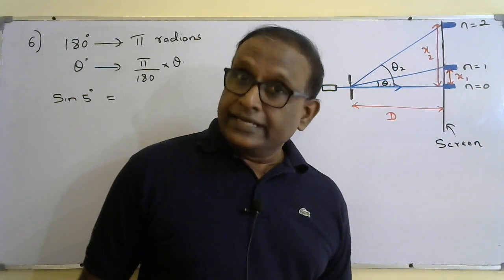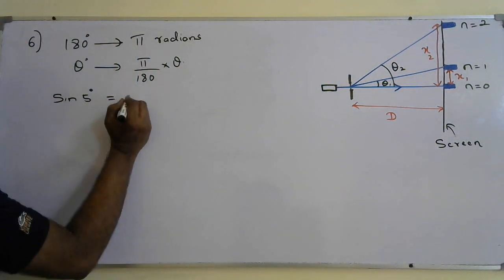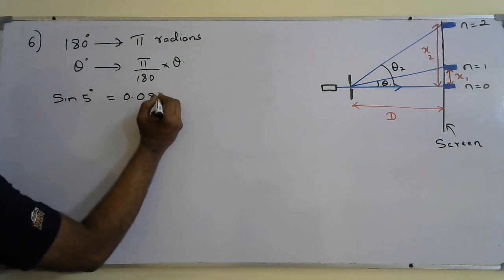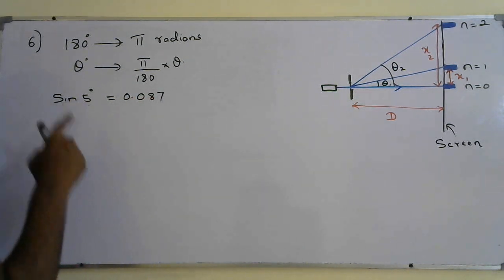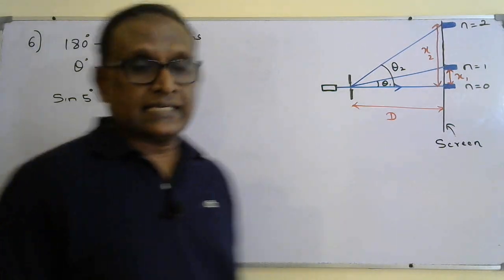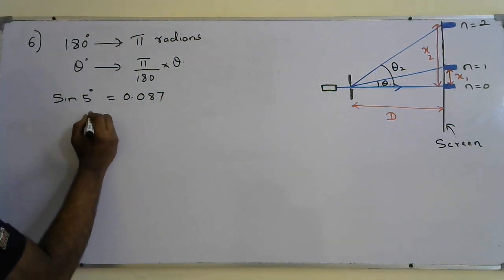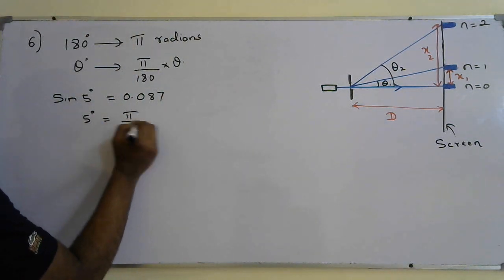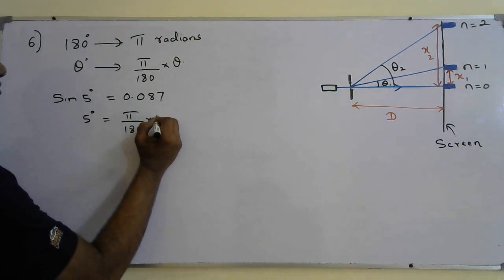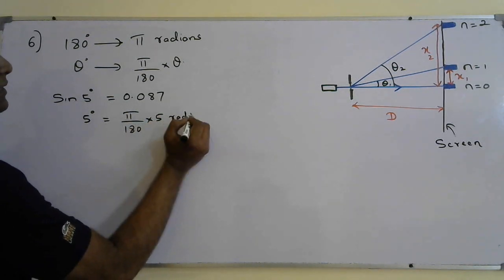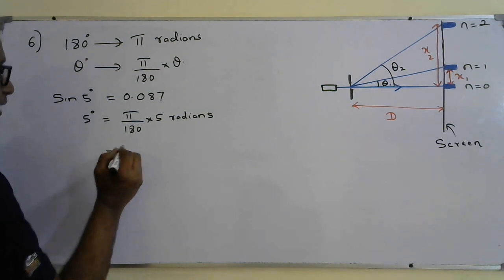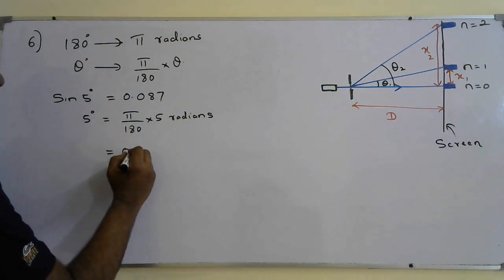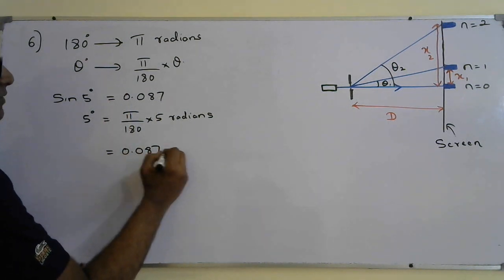Sin 5 degrees in degree mode, you will get 0.087. Now find how much 5 degrees is in radians. Pi divided by 180 times 5 radians. Solve it and you will get exactly the same answer, 0.087 radians.